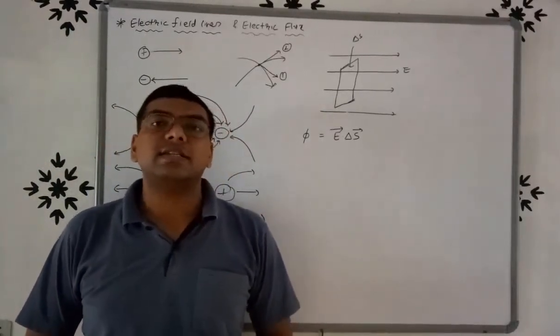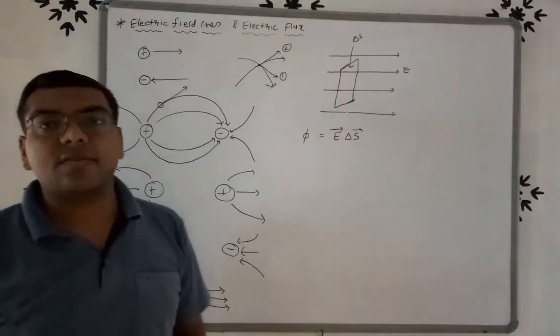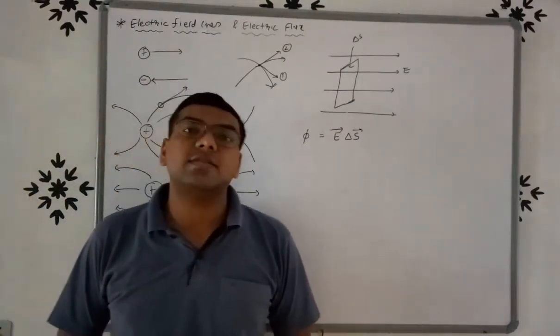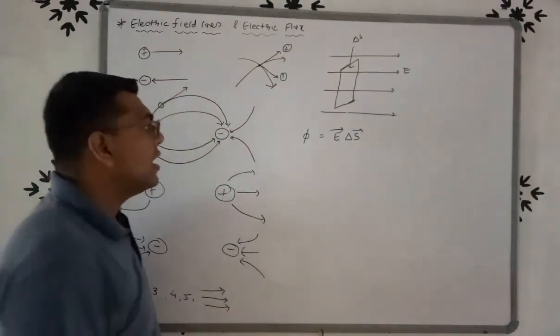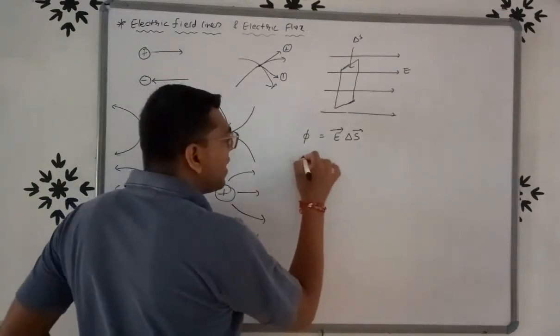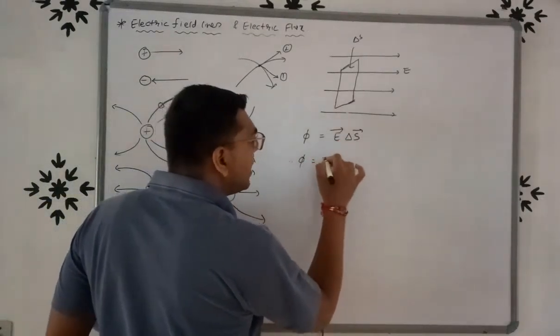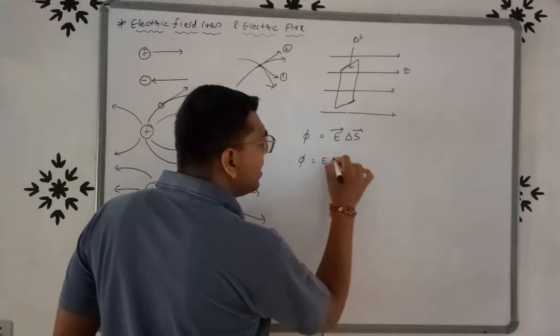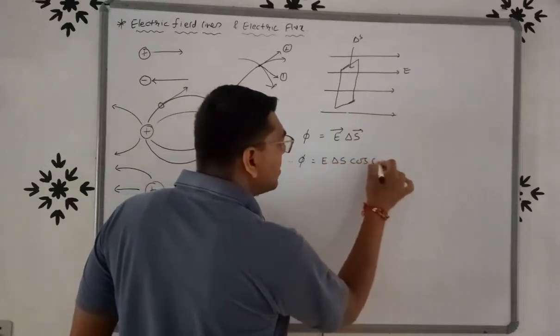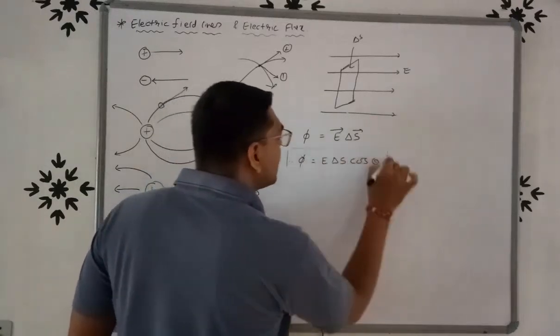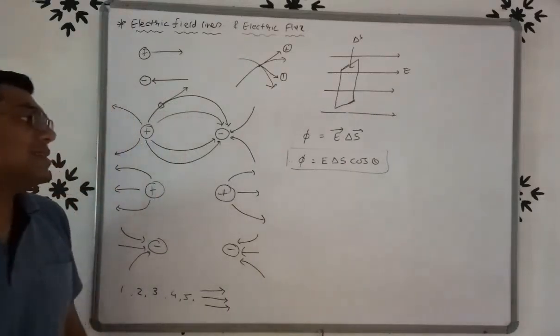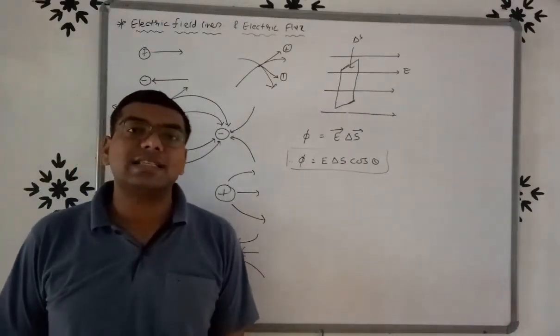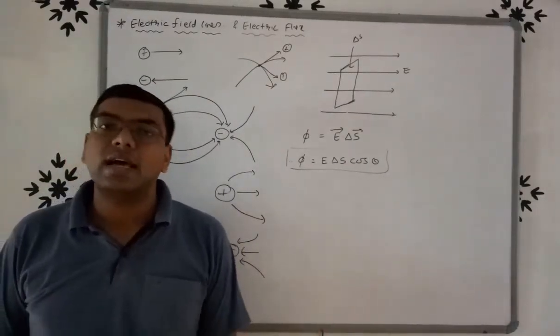Now we already studied in standard 11 that vector A dot vector B is equal to AB cos theta. Right? So we can write that phi is equal to, instead of A, E, instead of B, delta S cos theta. So our equation is phi is equal to E delta S cos theta. Right?